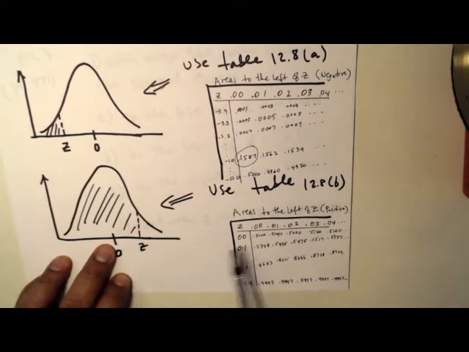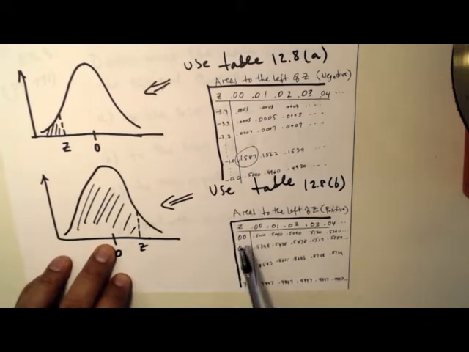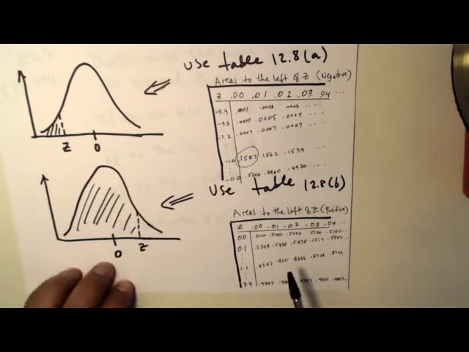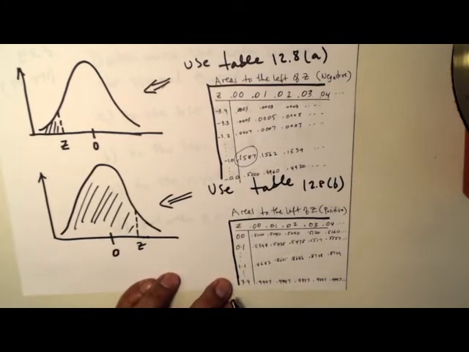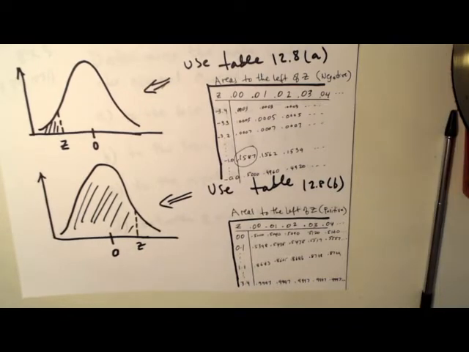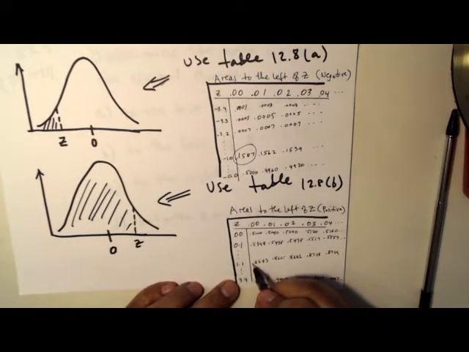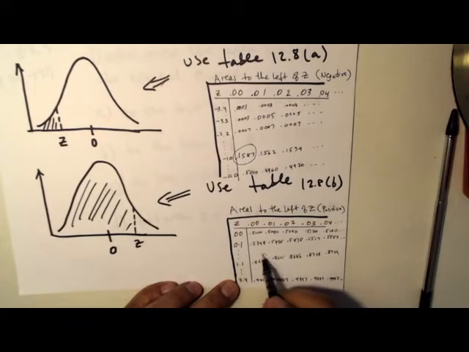And look, it starts with 0 and continues all the way to 3.4. If you look carefully at the bottom here, let's say that we pick one value, 1.1, and we pick again, for example, 0.00, then we'll select this number, 0.8643.